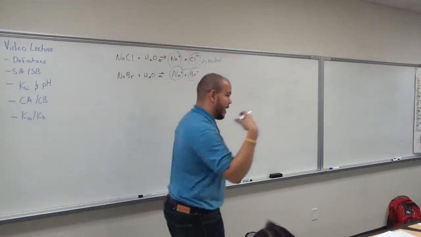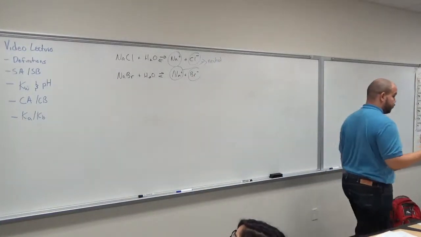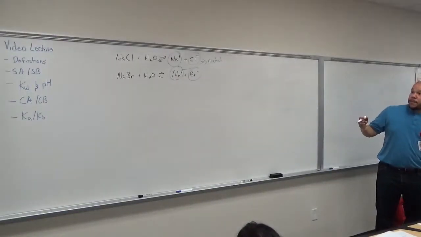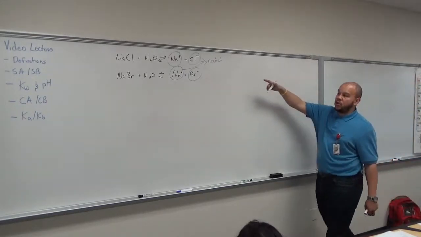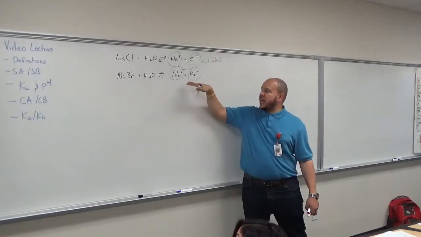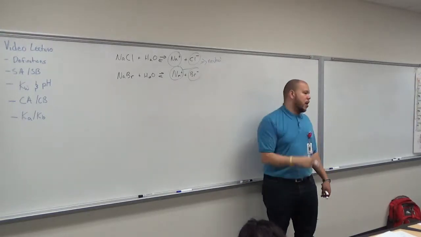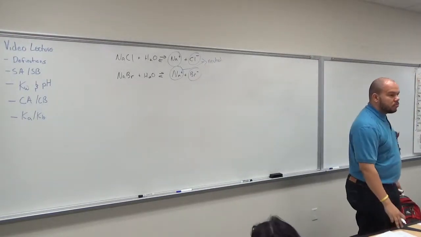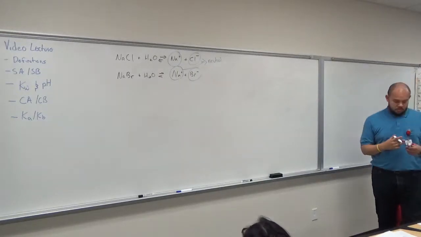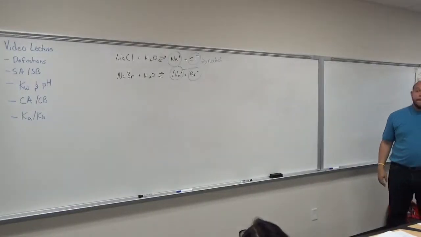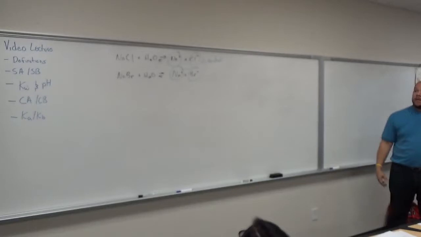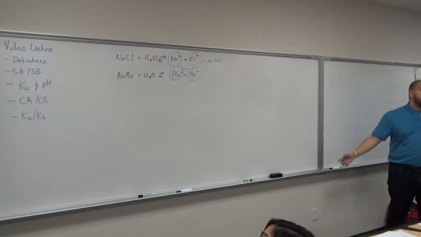Potassium, magnesium, calcium, all neutral. So, since both of these are neutral, what do we expect to happen to the pH once we dissolve sodium chloride and bromide? They're neutral. We should expect nothing.